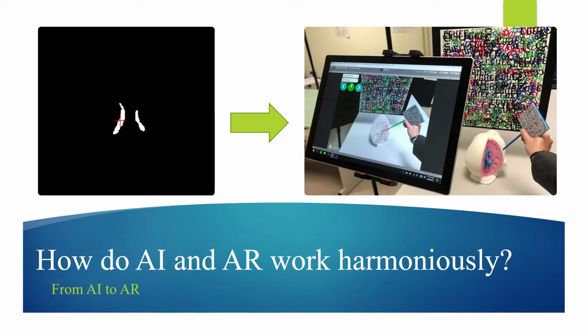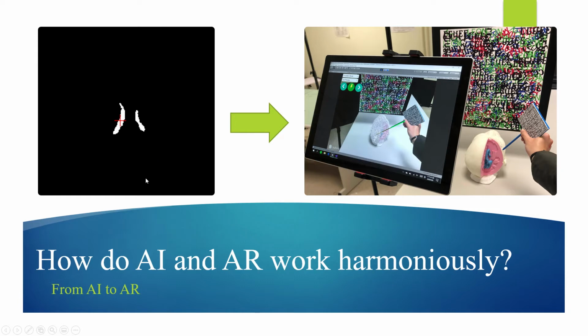In our case, it's all about how to support and assist surgeons to conduct the EVD surgery. So what we will do is to let artificial intelligence and augmented reality work harmoniously.